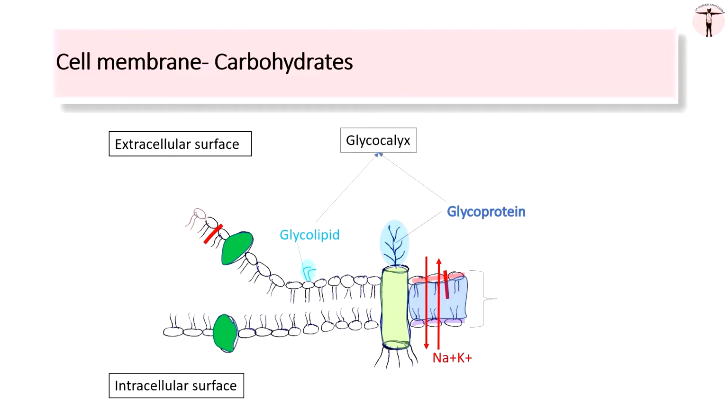Both glycolipids and glycoproteins are together known as glycocalyx, forming the cell coat, which is extremely hydrophilic in nature, attracting huge quantities of water on the cell surface. This helps the cell to interact with its fluid-like environment and also in the ability of the cell to acquire substances dissolved in water.